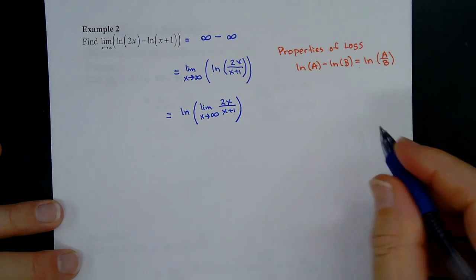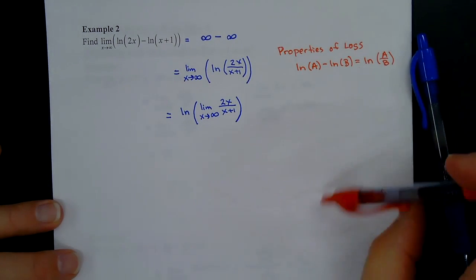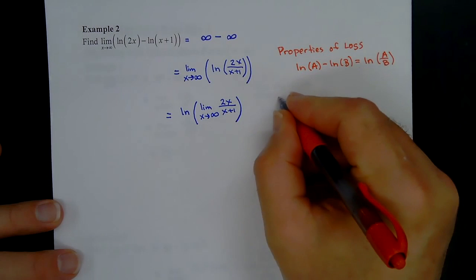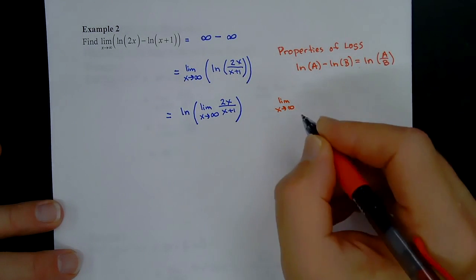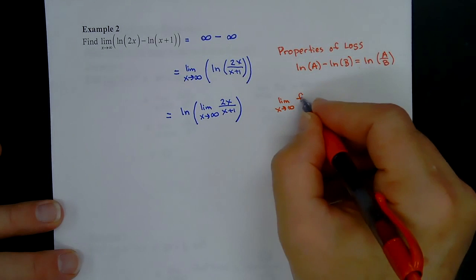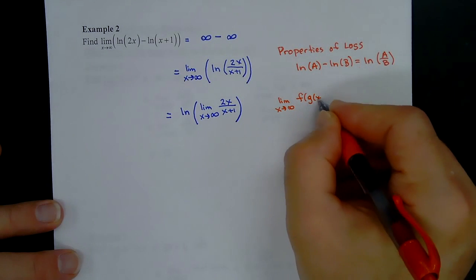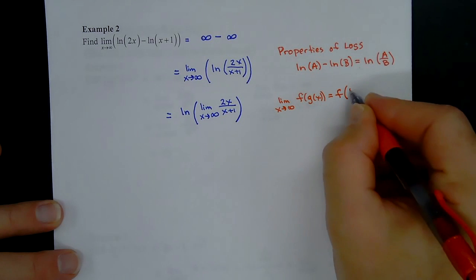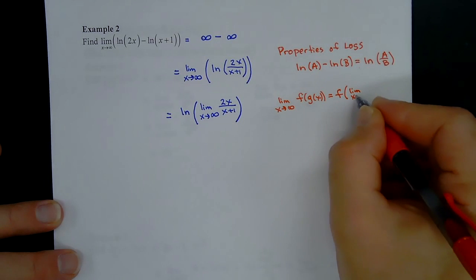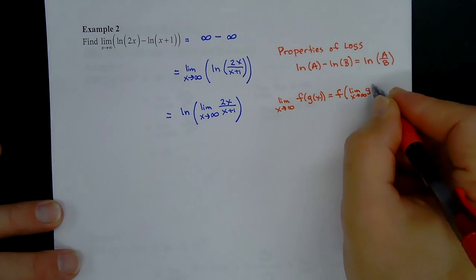And what I'm using there is the property that if we take the limit as x approaches infinity of a composition f of g of x, then that becomes f of the limit as x approaches infinity of g of x.